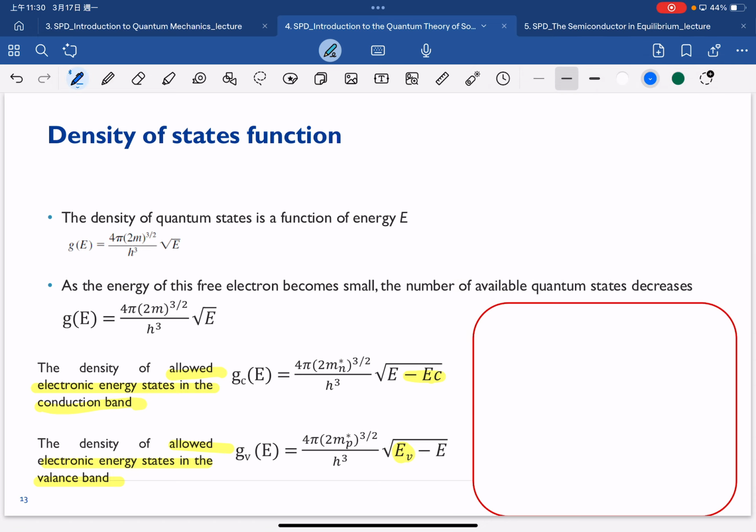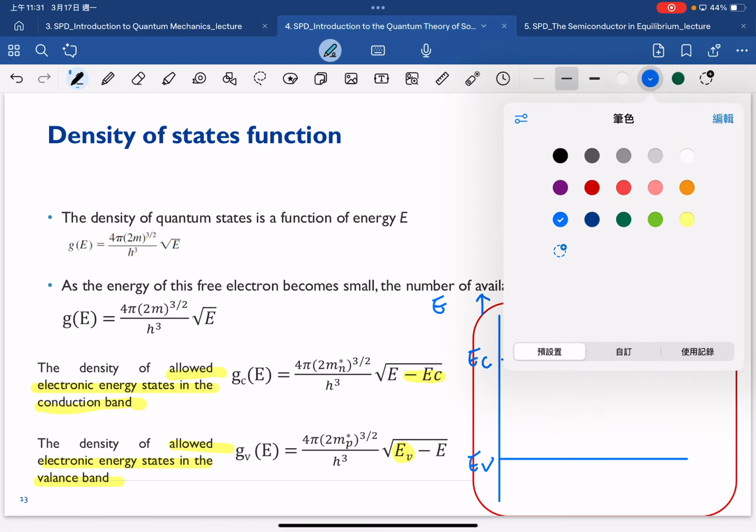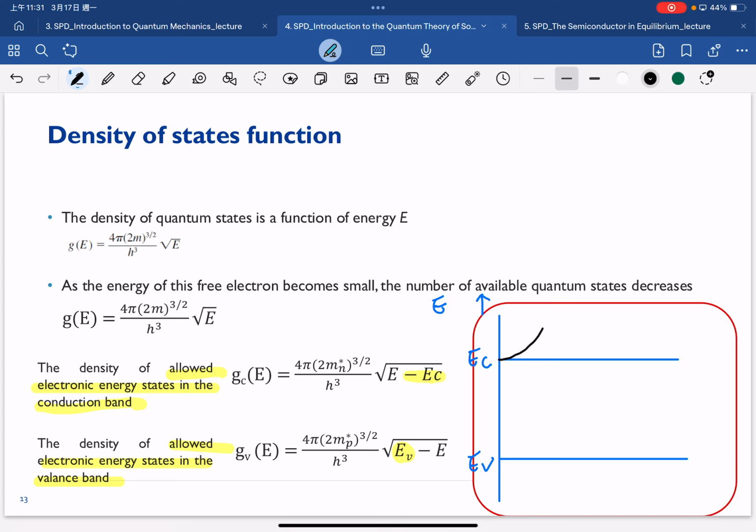So, considering the band diagram, we all know this is EC and EV, and this is our energy. But now we try to have the equation to estimate the number of available quantum states in the conduction band or in the valence band.